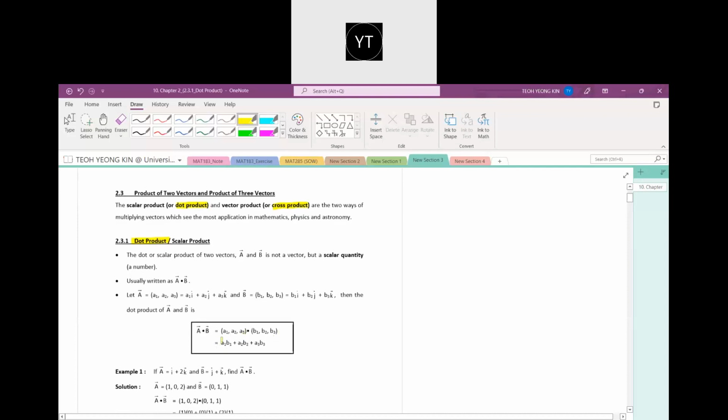The output for this value is a scalar quantity.